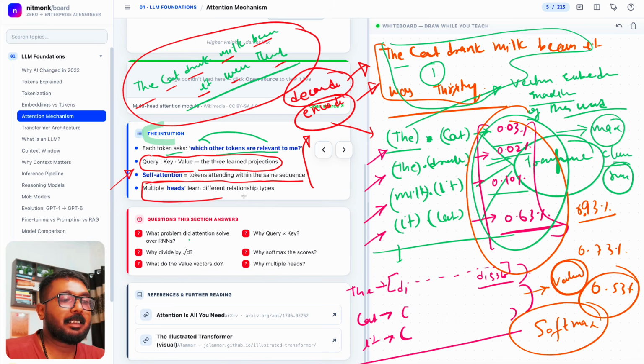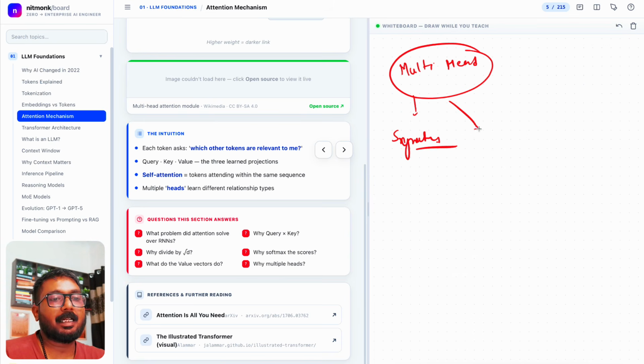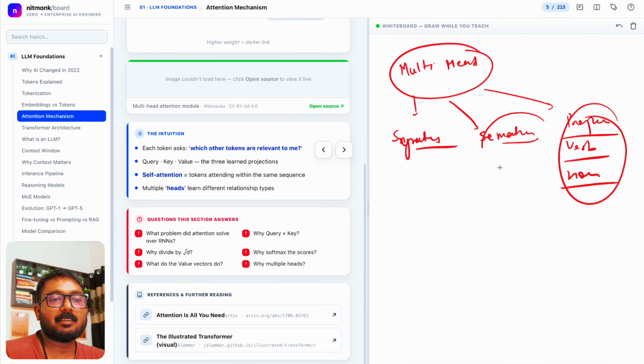Yeah, and there are multiple heads, and I just want to tell you what multi-head is all about. Multi-head basically tries to understand the syntax, the semantics, the prepositions, verbs, and nouns of a sentence. And all these heads work in parallel.